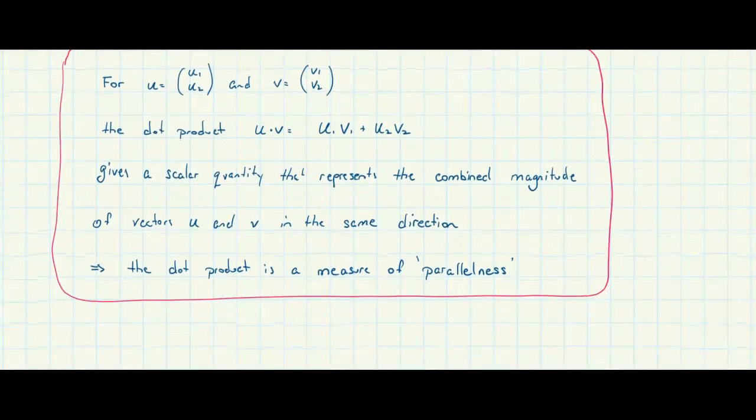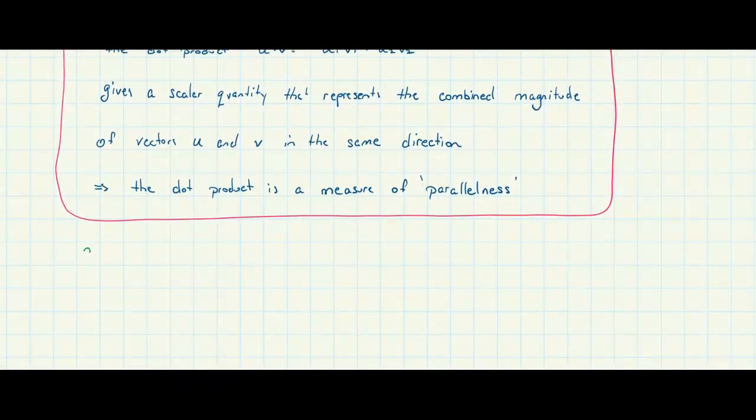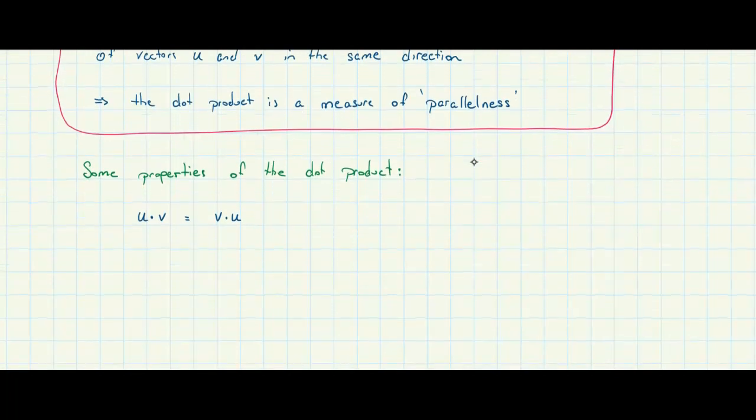Okay, let's note some properties of the dot product. So u dot v, they're commutative. They're very adaptable as it's just multiplication. U dot u is just the magnitude of u squared.